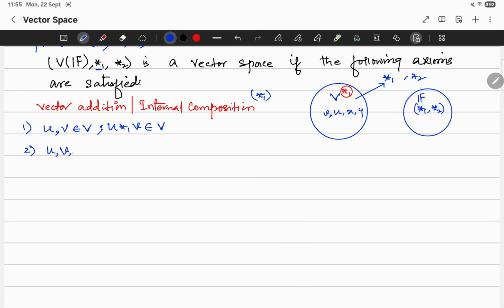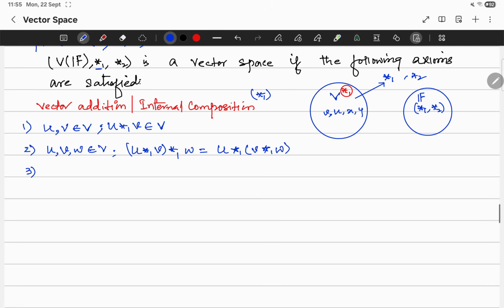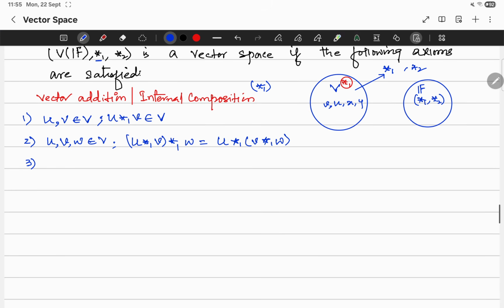If U, V, W are elements of V, then U star1 (V star1 W) should be (U star1 V) star1 W, okay, with respect to the star1 it should be associative. Third, with respect to this star1 there should be the identity element which we call the 0 of the vector.